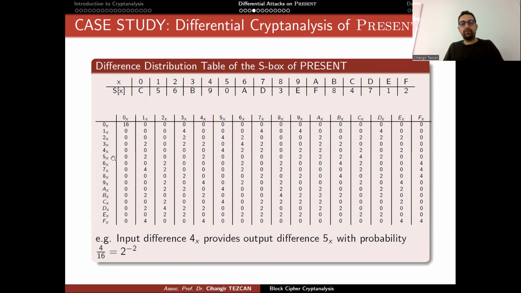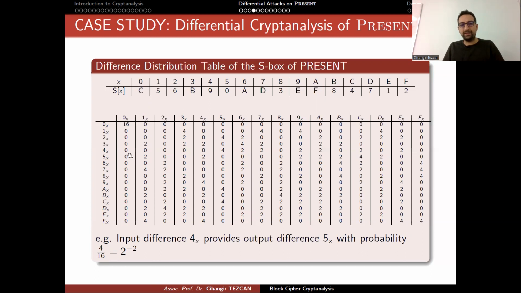This means that when your input difference is 4, you cannot see the output difference 1. But with 4 you see the output 5 many times. This means that 4 over 16 times, you will see 5. This means it has probability 1 over 4, or 2 to the minus 2.